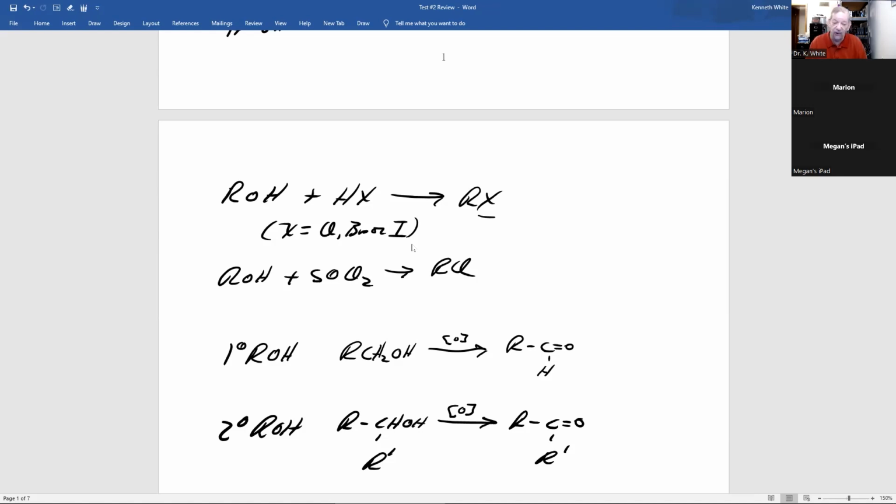And someone came up with this reaction, where you take an alcohol and react it with thionyl chloride, SOCl2, and you replace the hydroxyl group with a chlorine. The nice thing about this is thionyl chloride, SOCl2, will not react with carbon-carbon double bonds.